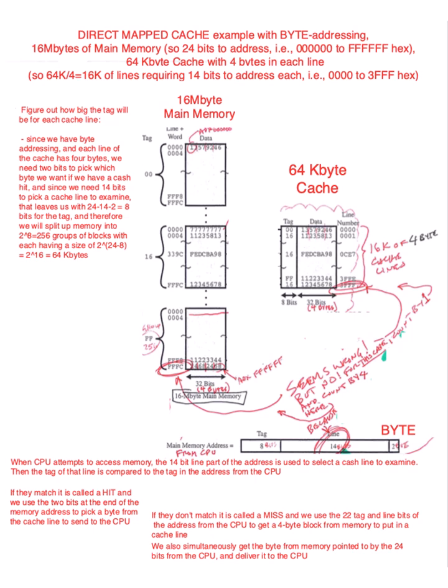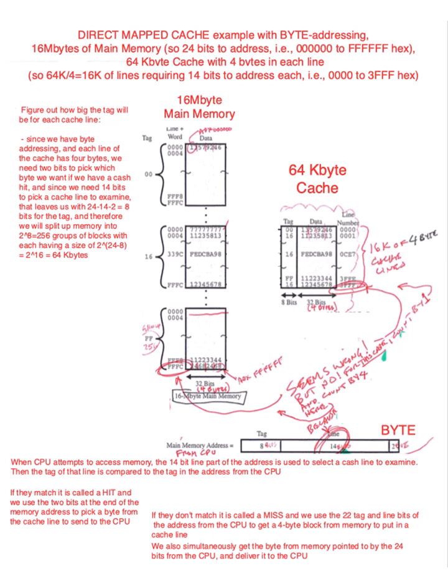And since we need 14 bits to pick a cache line to examine, that leaves us with 24, which is our original number of bits that the CPU is addressing main memory with. So 24 minus 14 minus 2 is 8 bits for the tag.